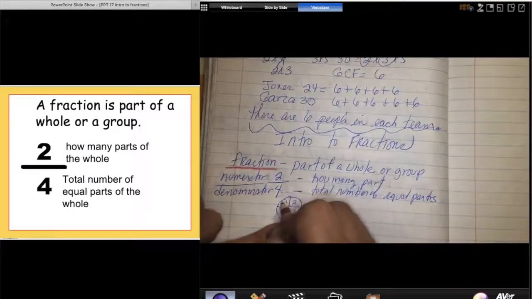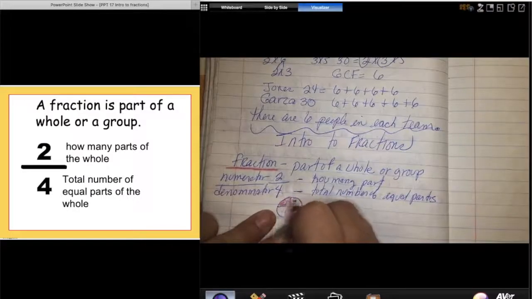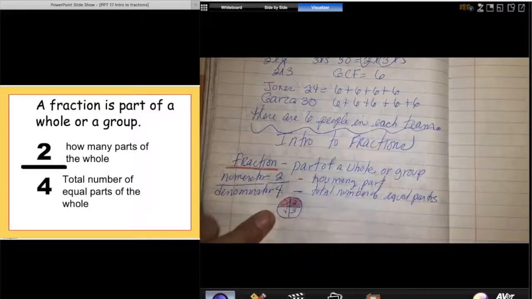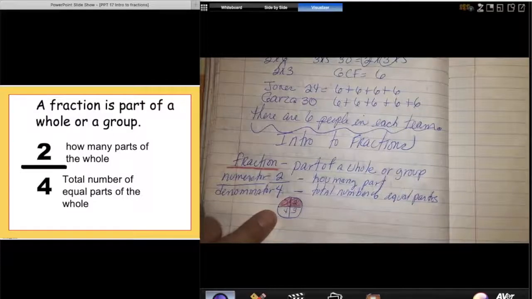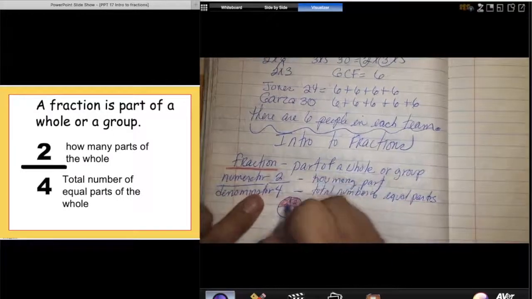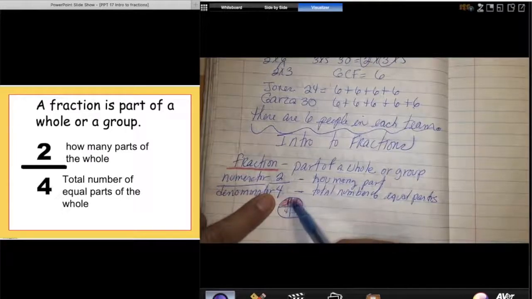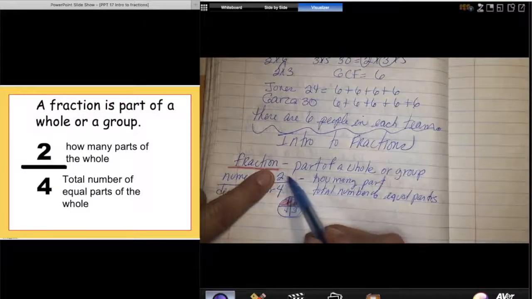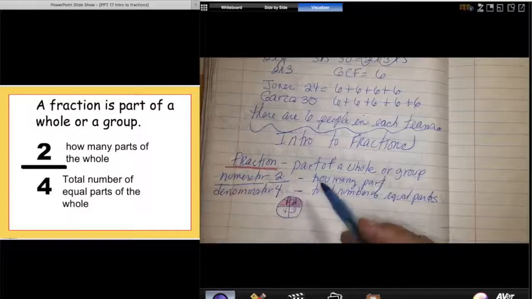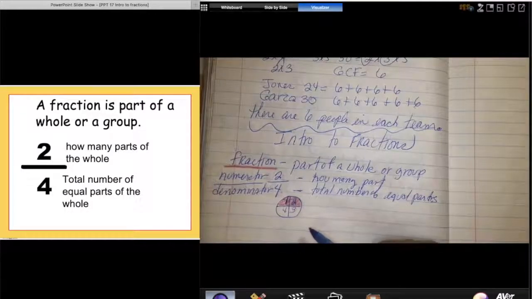It could be any 2. And so I have 2 out of the 4 that are shaded. So the denominator tells me all the pieces that the circle was cut into. There's 4 pieces. And the numerator would be 2. Let's say 2 red. 2 of the 4 sections were shaded.